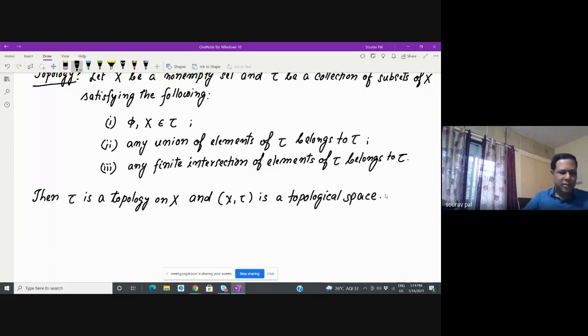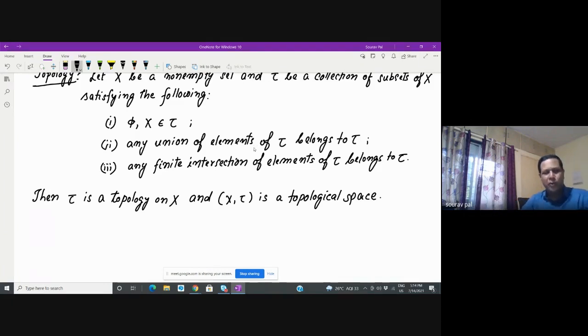So you just remember three things. Phi and X are there. It is closed under arbitrary union: you take any union of elements from it, it belongs there. And it is closed under finite intersection. It satisfies these three properties.